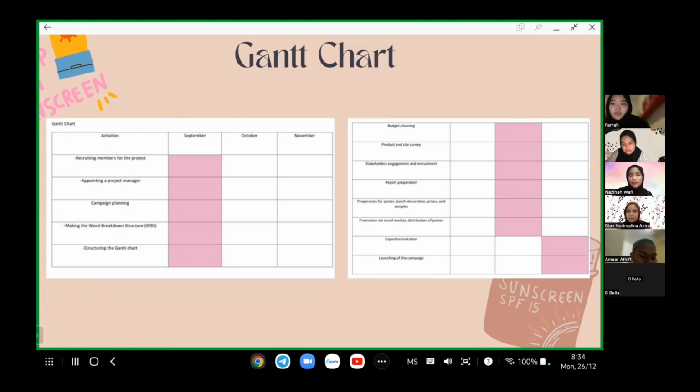For the budget planning, product and site survey, stakeholder engagement and recruitment, and report preparation for the poster booth, all are done in October. And the expert invitation and launching of the campaign is within the month of November.